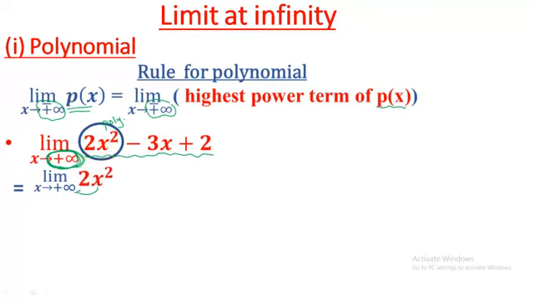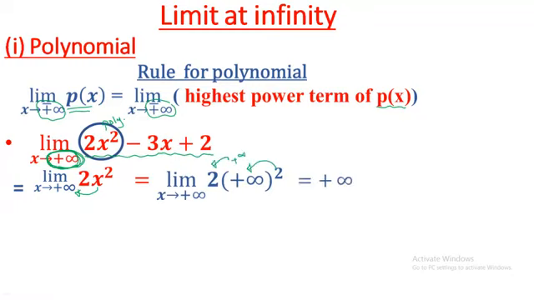We substitute plus infinity instead of x, and plus infinity squared is plus infinity multiplied by 2, and the answer is plus infinity, which is a determinate form.